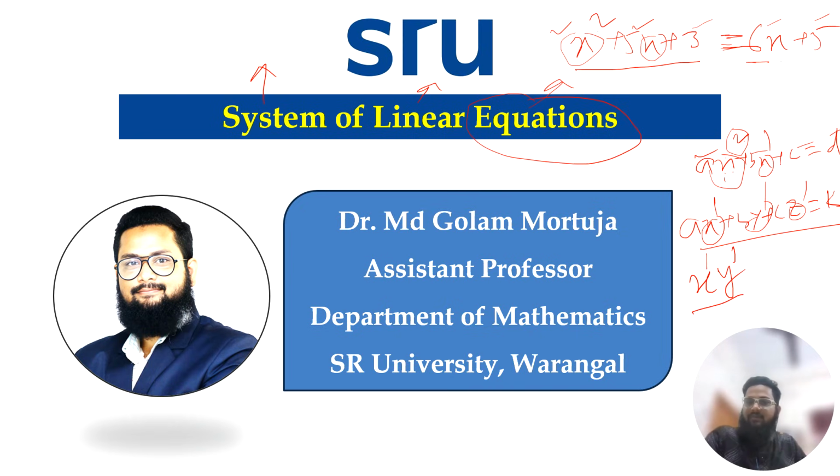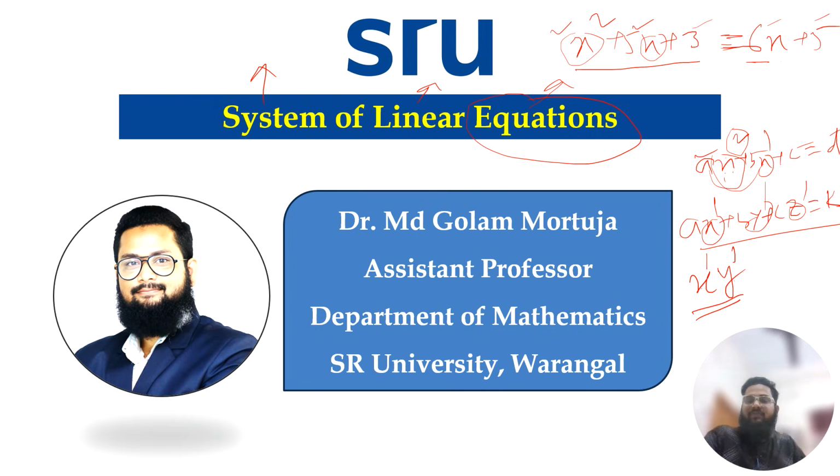This kind of product, and square, cube, power 4, this kind of variable representation will not be considered linear, it will be called non-linear. So a linear equation is one where the degree of the variables is always 1, or there is no product of the variables.